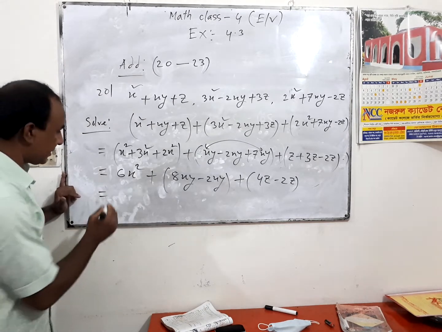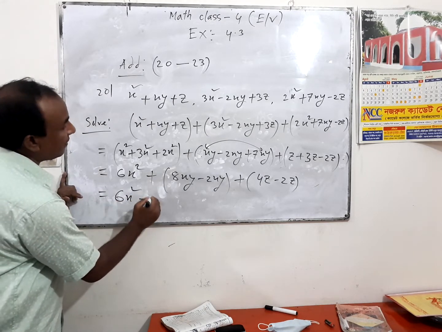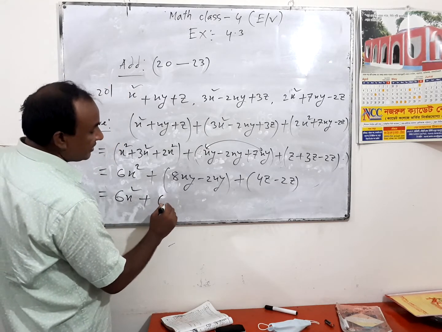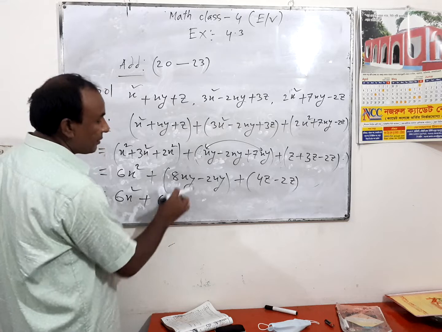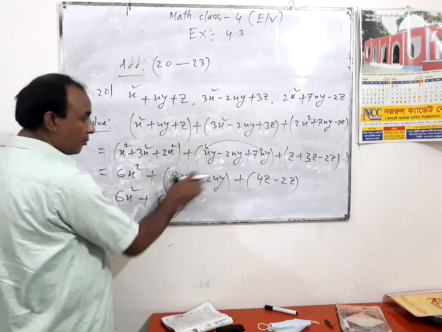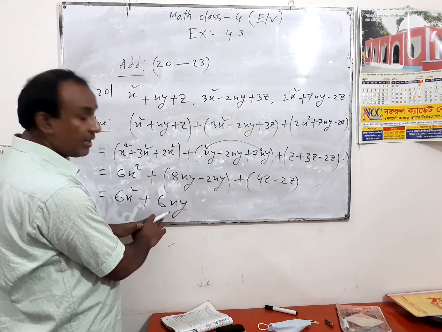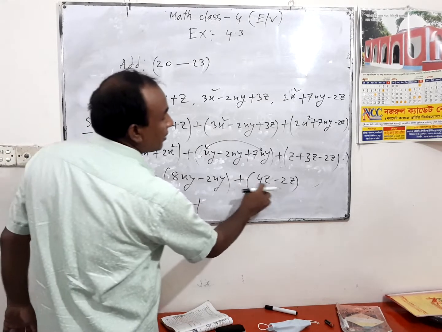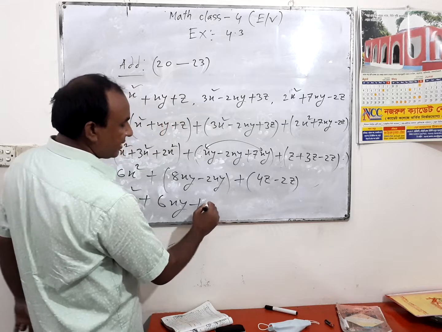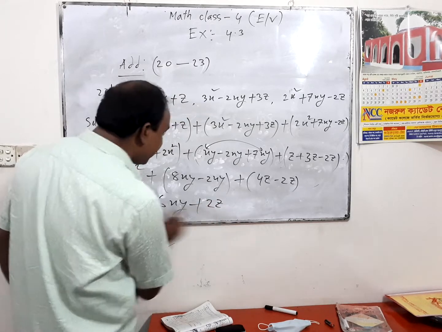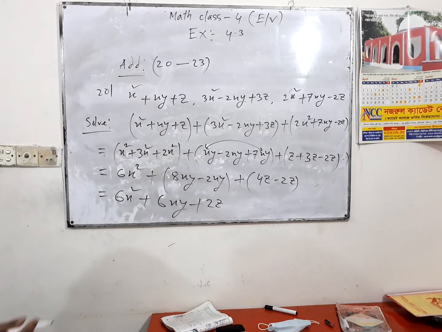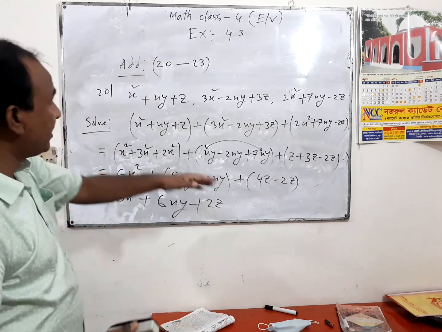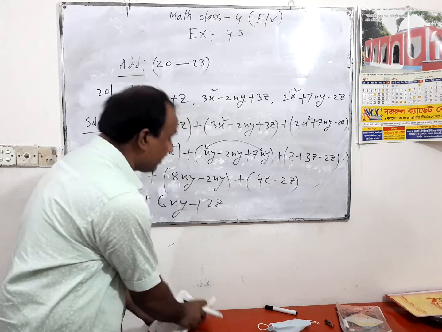We take it out of the bracket. 8xy minus 2xy, that means 6xy. The bracket is finished, because the work has been done. Same way, 4z minus 2z, that means 2z. This is the result. Okay? This is going to be a little bit harder from next math.